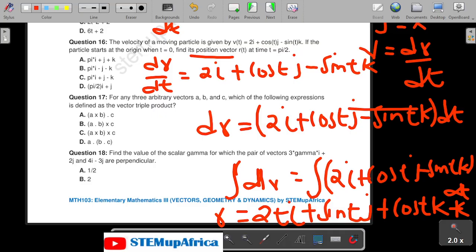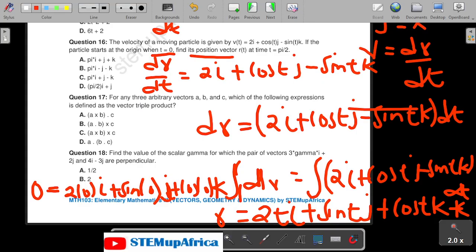Remember, it started from 0. What starts at 0? No distance has been covered, meaning r will be 0. And for t, I substitute 0. So if you do that, we're going to have 0 as r equals 2 bracket 0 i plus sine 0 j plus cos 0 k plus c.